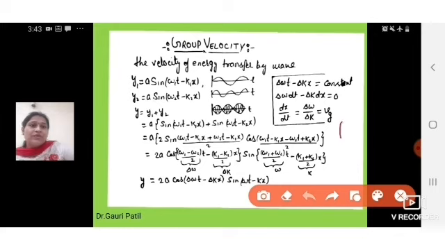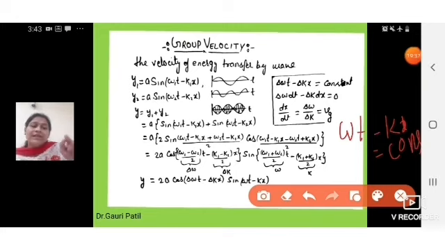Then we take the differentiation of omega t minus kx: omega dt minus k dx is equal to 0. So we get dx by dt is equal to omega by k.